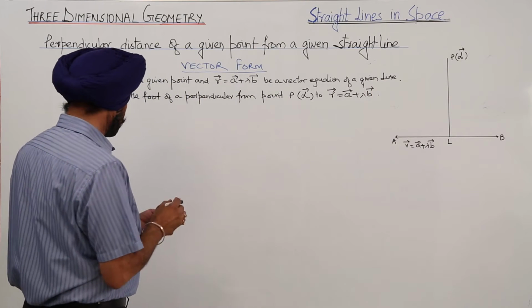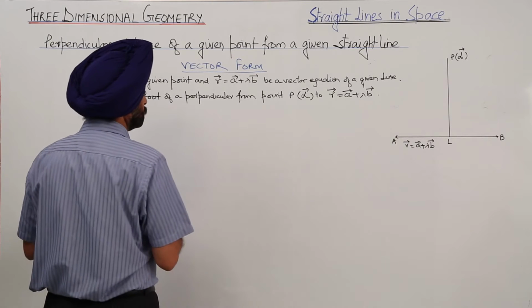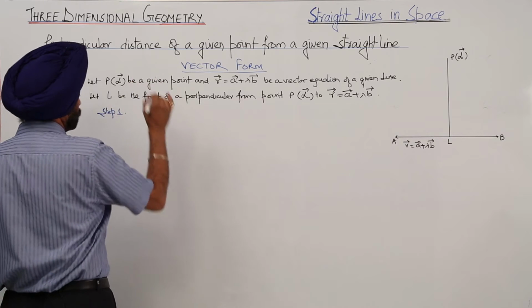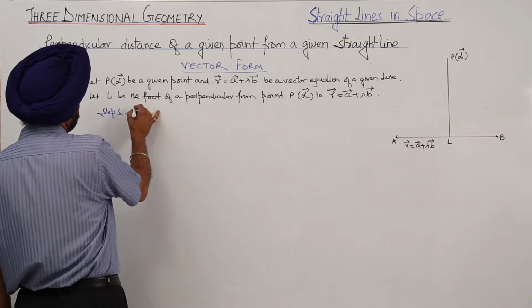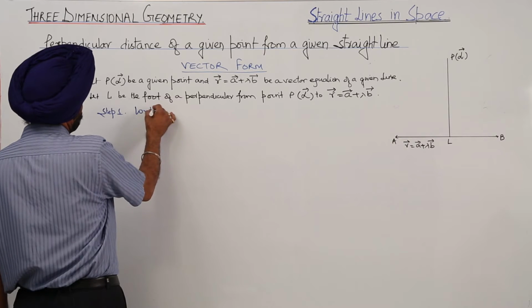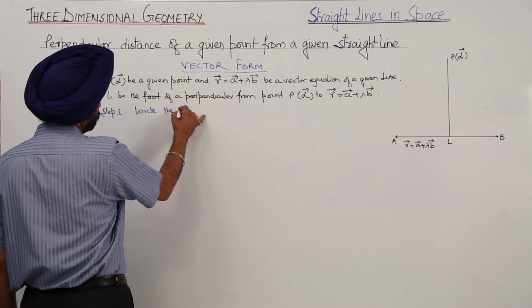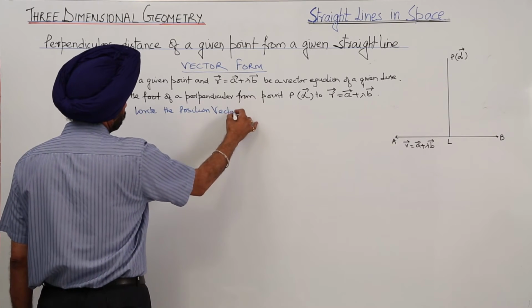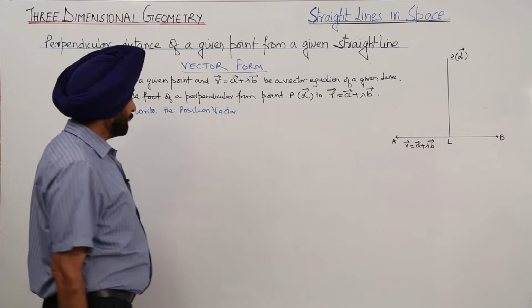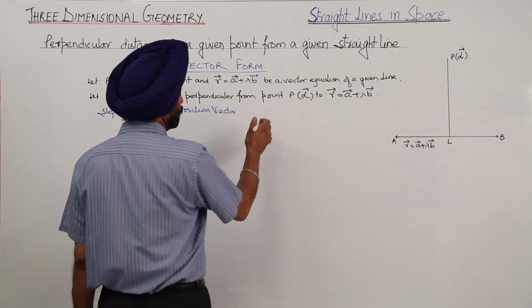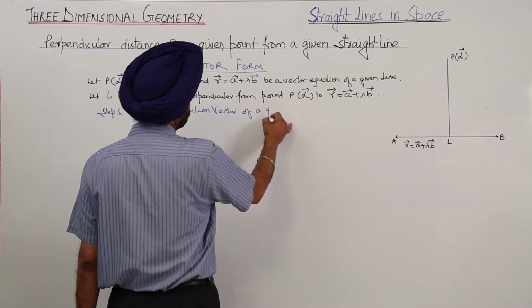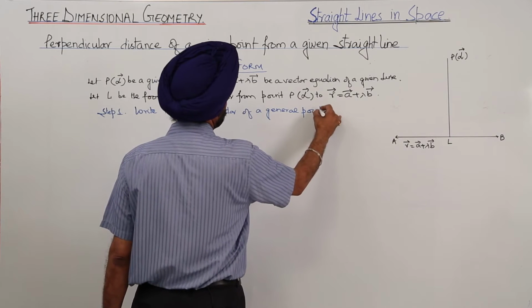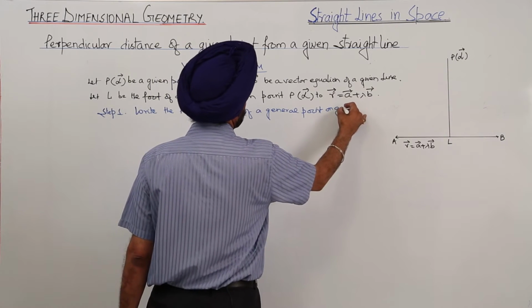Now step 1. The first step is to write the position vector of a general point on the given line.